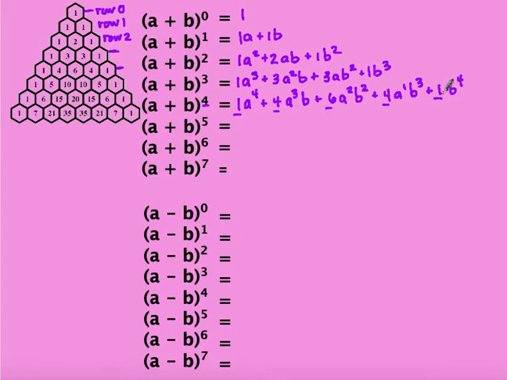So we can skip. Let's just watch what happens in a plus b to the 6th power. So I'm going to look at the 6th row here.